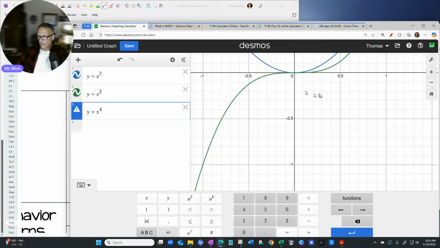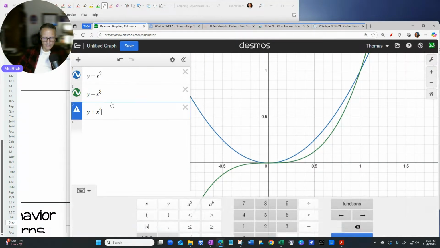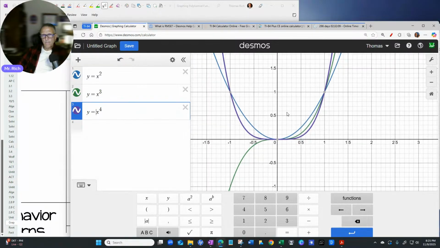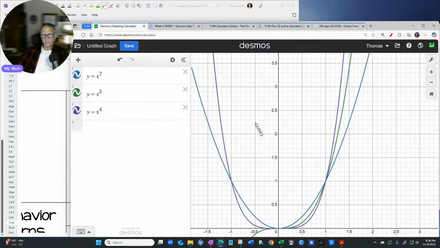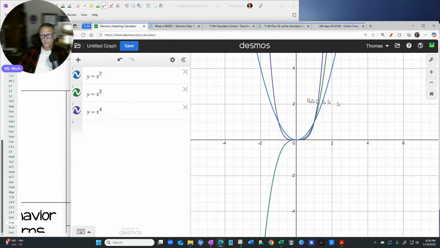All right, so we'll zoom out, and okay, it didn't like this because I don't have an equal sign here. There we go. So you can see how I was talking about how it looks a little flatter, and they all pass through 1, 1 right there. But the quartic, the fourth degree polynomial, is definitely rising faster than the cubic or the quadratic. Okay, so that's what they look like.